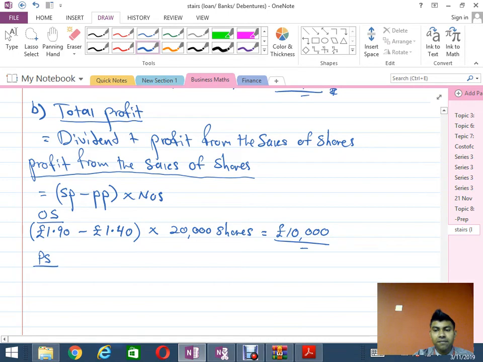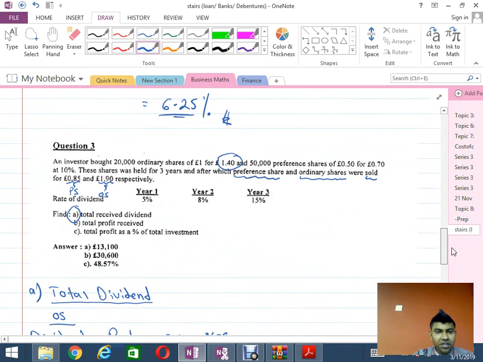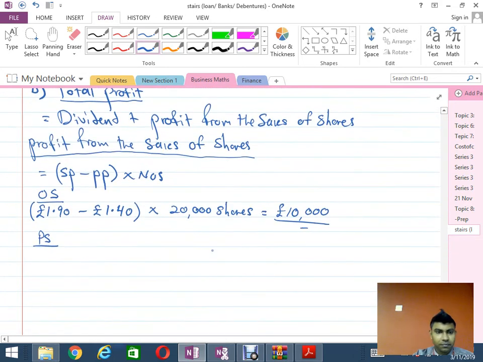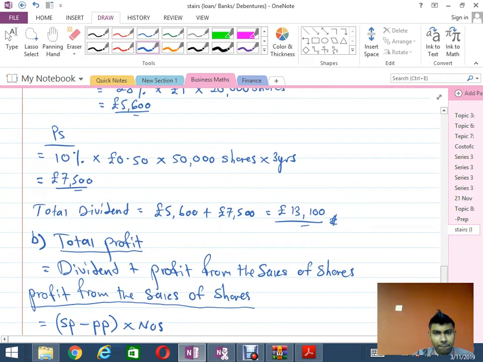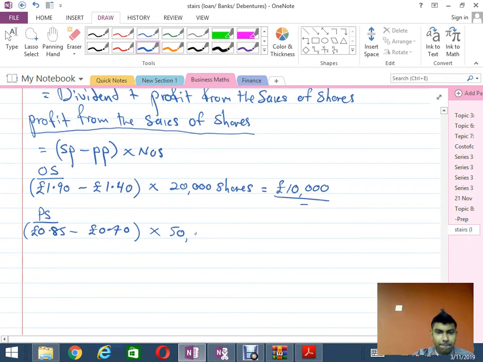Then do the same thing for preference. Preference you sell for 0.85, purchase is 0.7. So 0.85 minus 0.7 times 50,000 shares. So you get 7,500. Check.